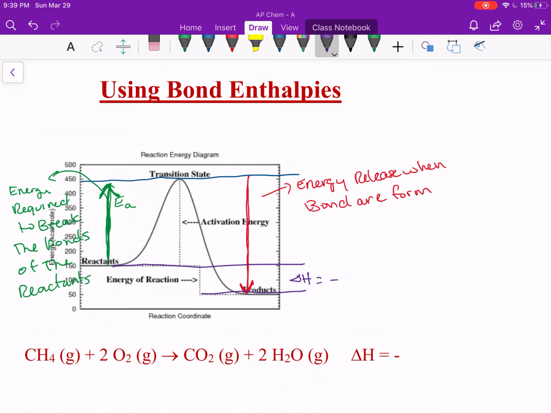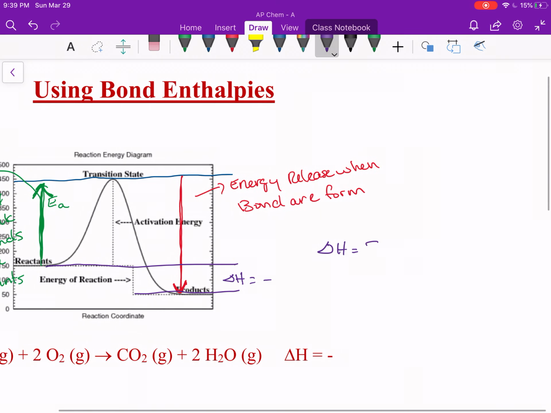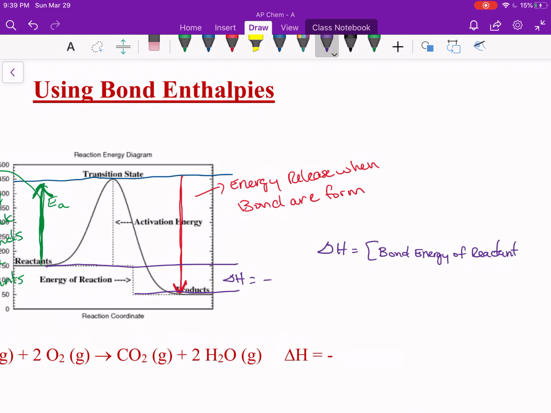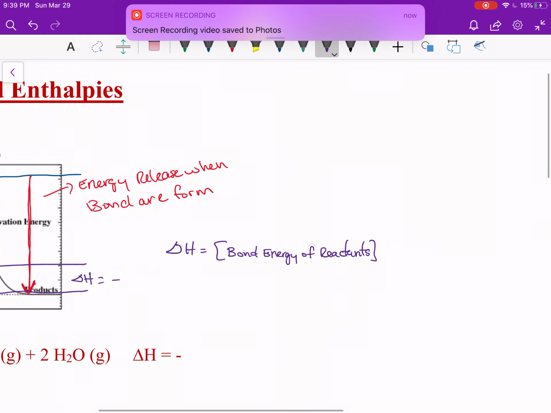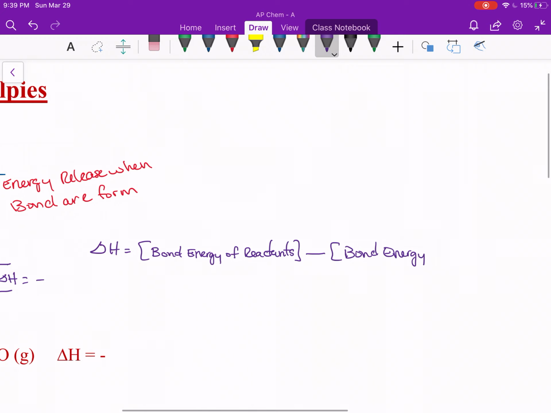And so really, if we're looking at that, we know that delta H is going to be equal to, if we think about this, the bond energies of our reactants minus our bond energies of our products.